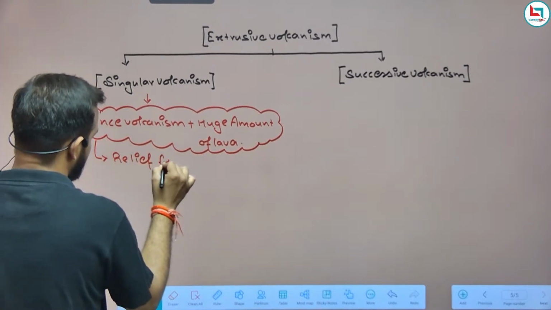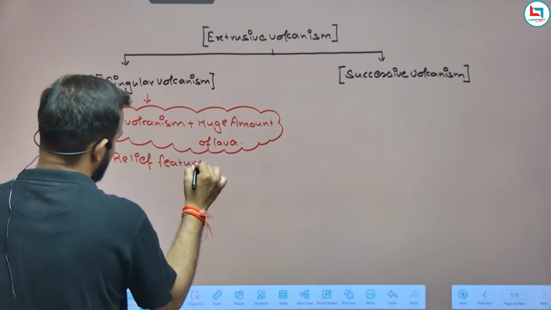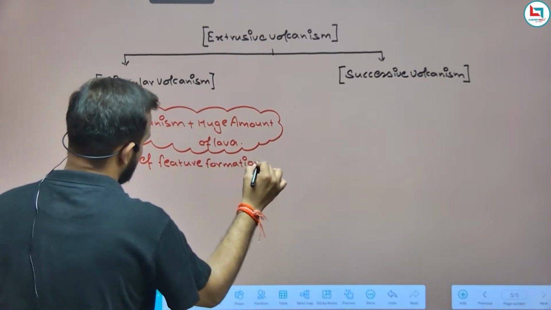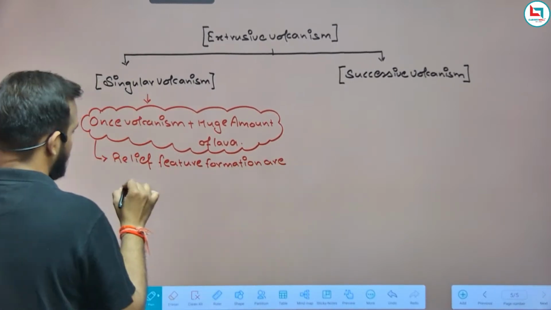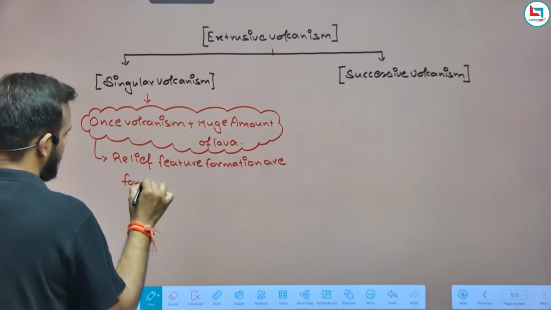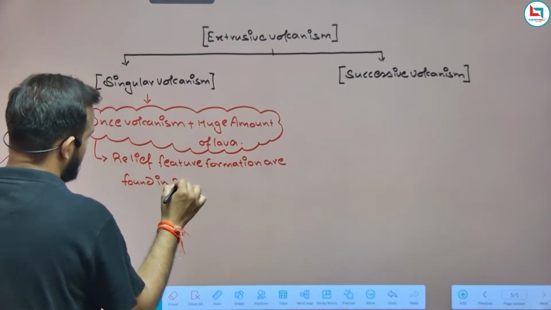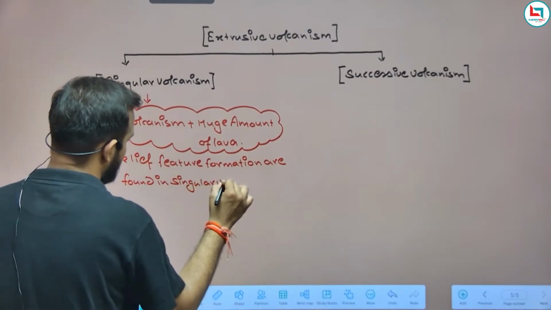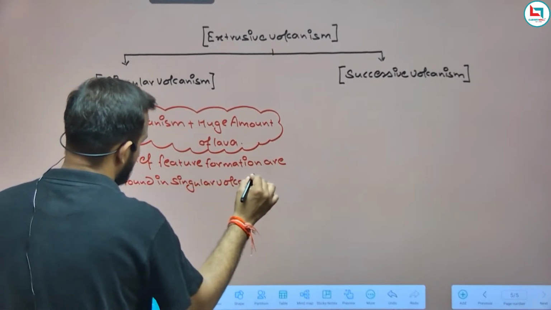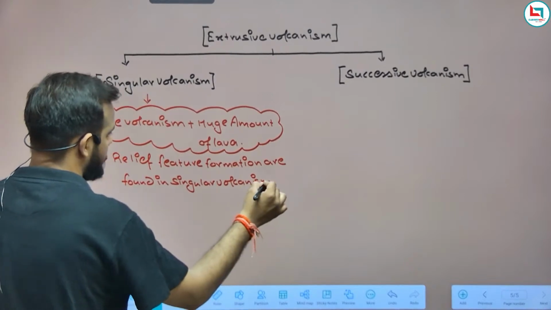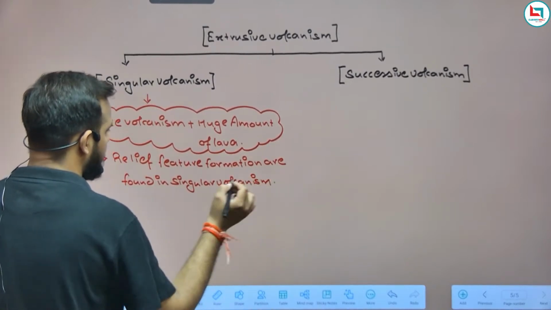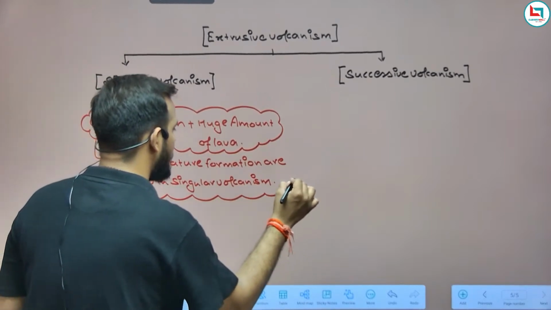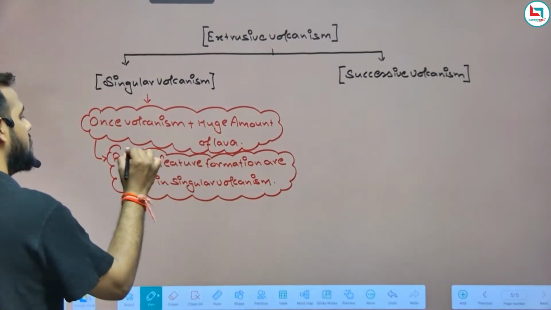The eruption took place only once, but a very huge amount of lava came out from the interior of the earth.